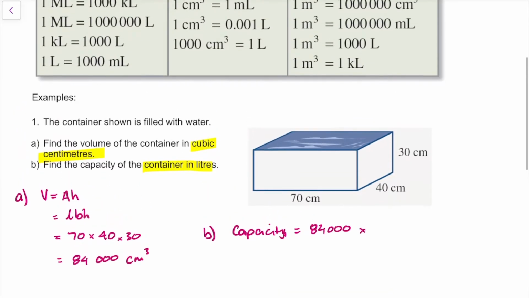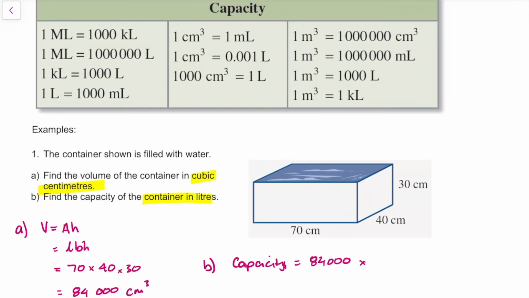Now, let's go back up to our table. And we can see here in terms of capacity, we have some things to have a look at. In terms of centimeters cubed, here's our centimeters cubed in the middle. So we know that 1 centimeter cubed is a milliliter. 1 centimeter cubed is 0.01 liters. So 1,000 centimeters cubed is a liter.